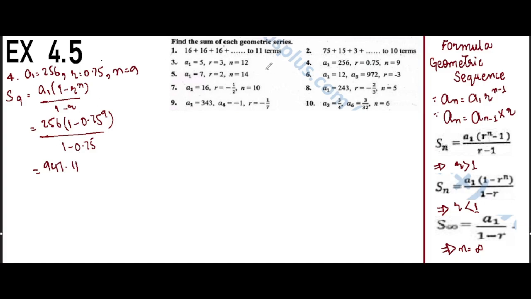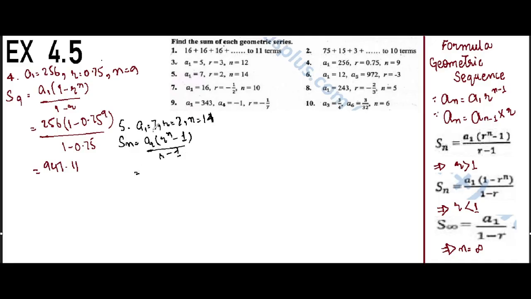Let's solve question number 5 with a different color. It is a1 equals 7, r equals 2, and n equals 14. This time r is greater than 1. Let's solve it. Sn equals a1 into r raised to the power n minus 1 whole divided by r minus 1.